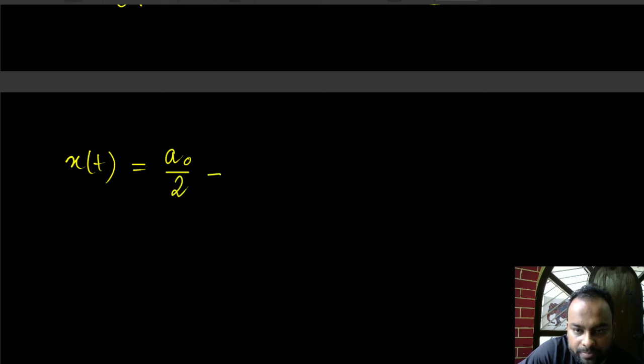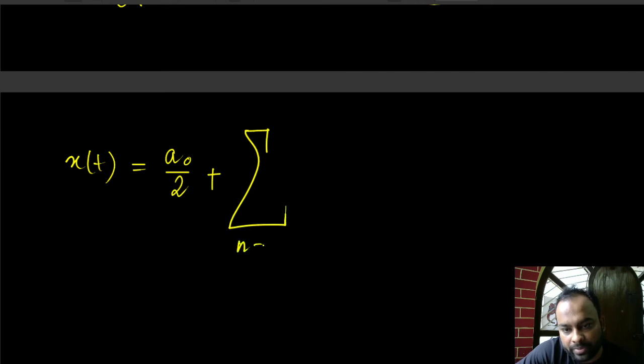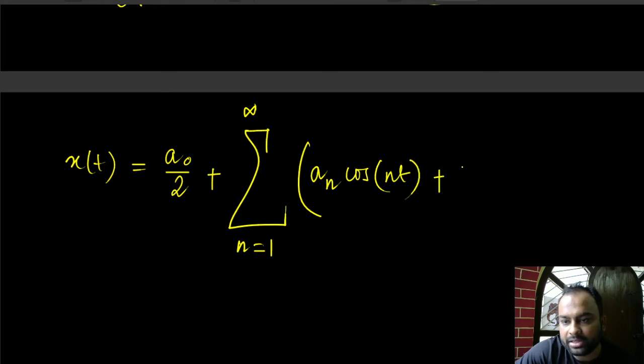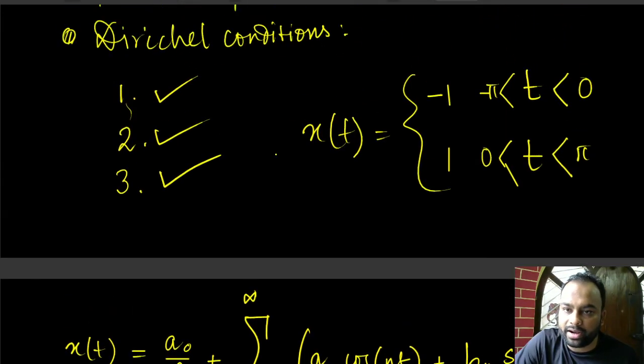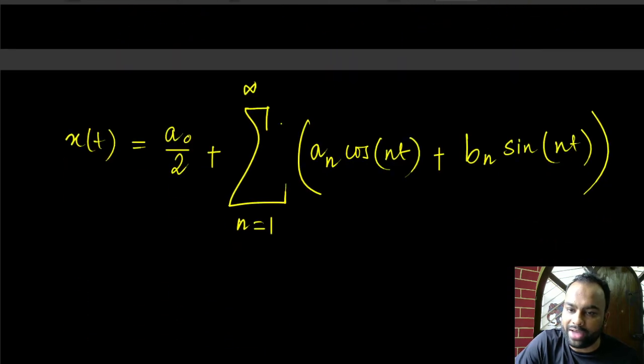This could have a DC component, and then this could have sinusoidal components and cosinusoidal components, expressed in this form. But I don't really know the coefficients, right? I don't know the values of A1, A2, A3, A0, B1, B2, B3, etc. So I am trying to calculate the values.